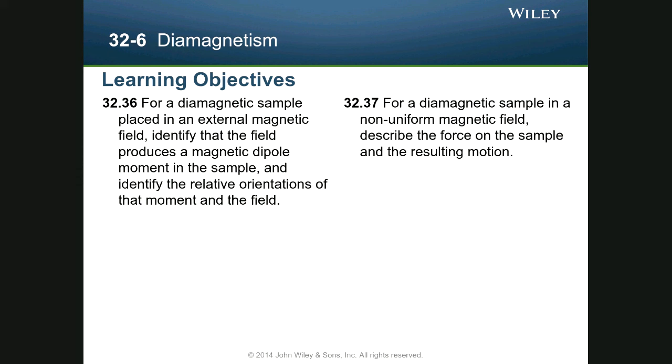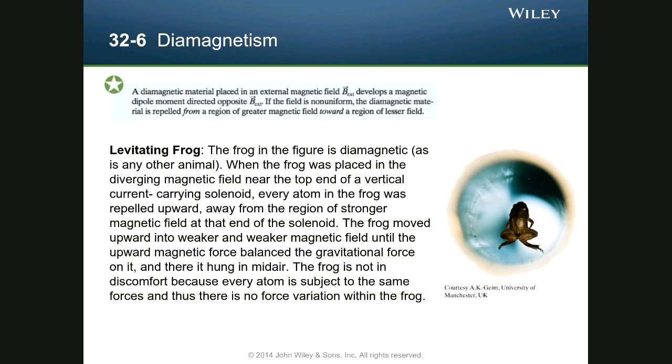Again, these are orbital. So we want to learn about the 3 types of magnetism. We have diamagnetism. A diamagnetic material, if placed in an external magnetic field, develops a magnetic dipole moment directed opposite the external field. If the field is non-uniform, the diamagnetic material is repelled from the region of greater magnetic field toward the region of lesser field.